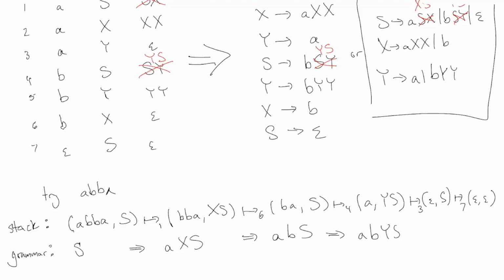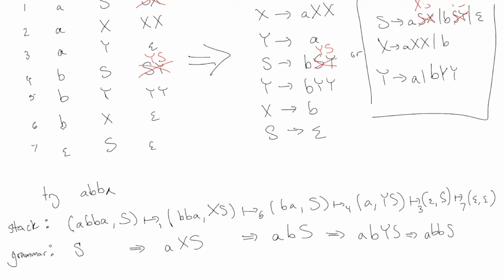Next on the stack was rule number 3, which is AY epsilon, which is Y goes to A, so I do that. This becomes ABAS. And then finally, rule 7 was epsilon, S epsilon, which is S goes to epsilon. What happened? Did I skip a step? It should be ABB. Yes, thanks. I wrote an A, I should have written a B. Why does it say Y goes to A?